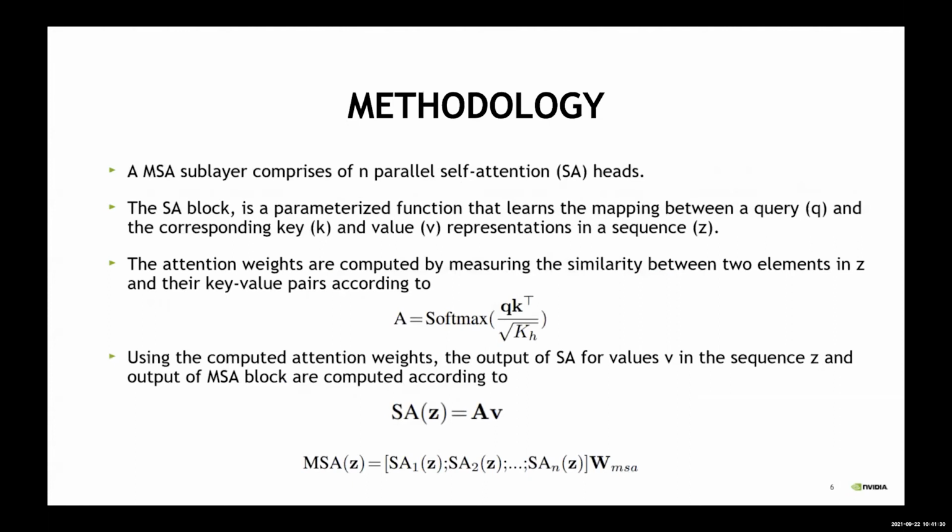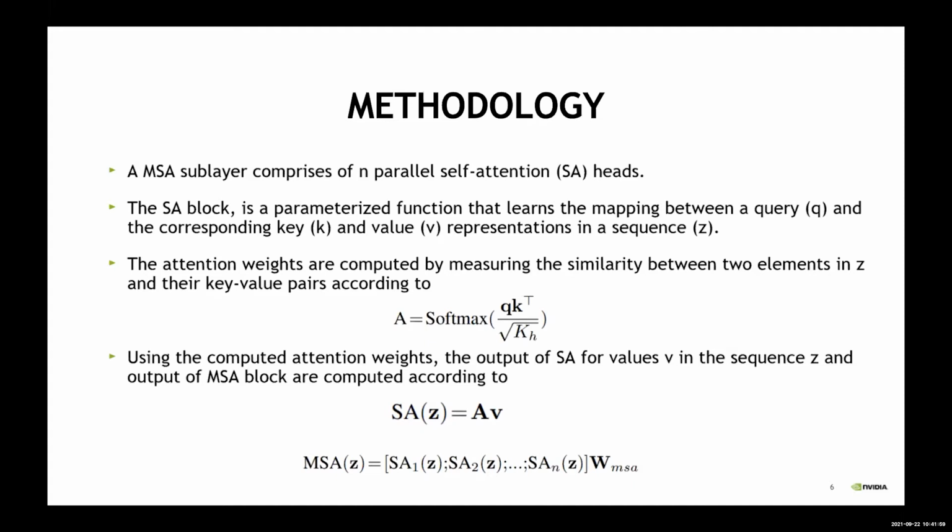The MSA layer itself consists of n parallel self-attention heads. You can think of a self-attention head as a layer that learns a mapping between query, key, and values within a sequence Z. We do this by measuring the similarity between two elements in the Z sequence and the corresponding key and value pairs.